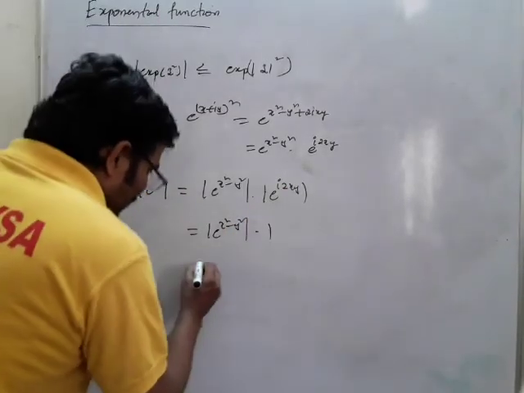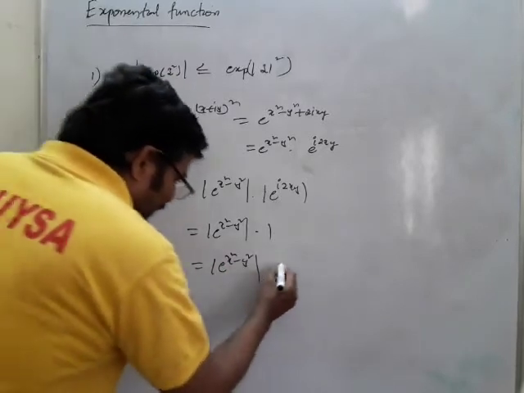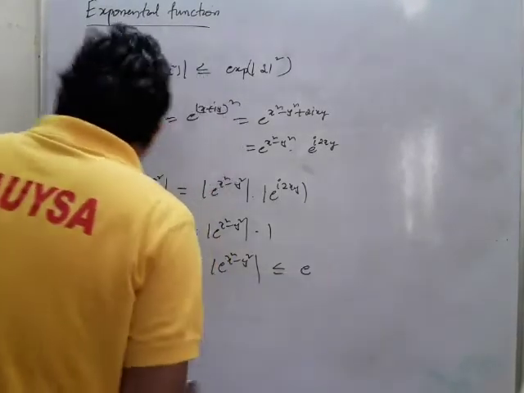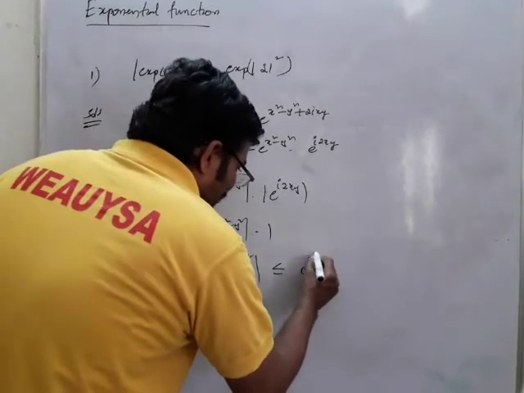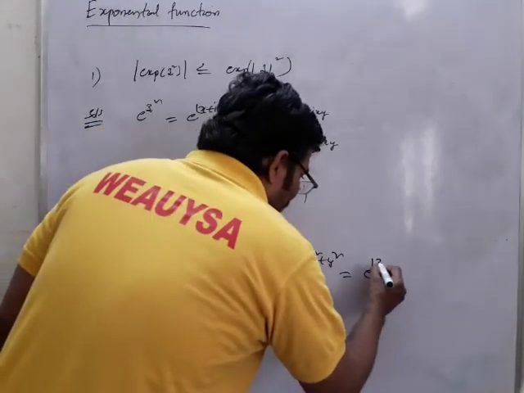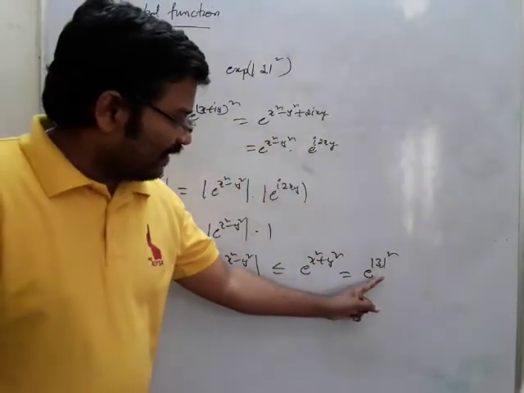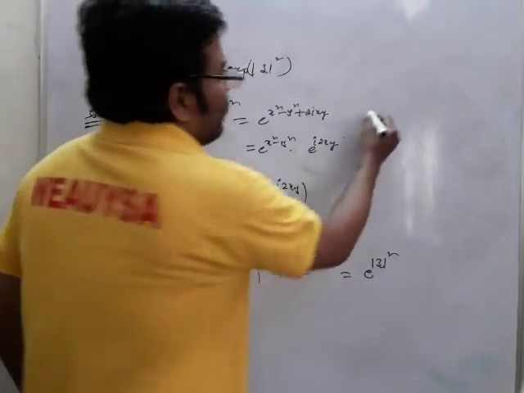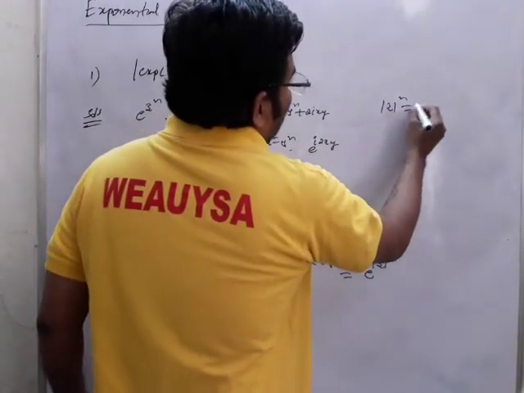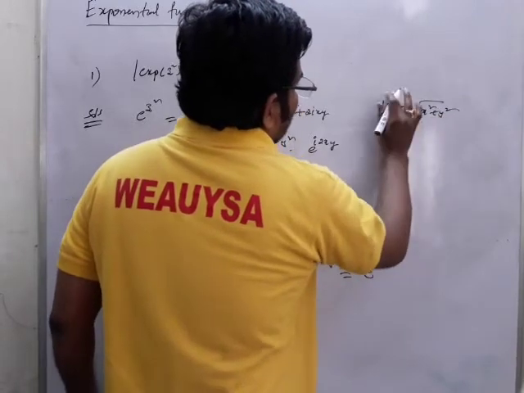So this is equal to e power x square minus y square, which is less than or equal to e power x square plus y square. This is equal to e power mod z square. Now this is e power mod z square because mod z is equal to root of x square plus y square.